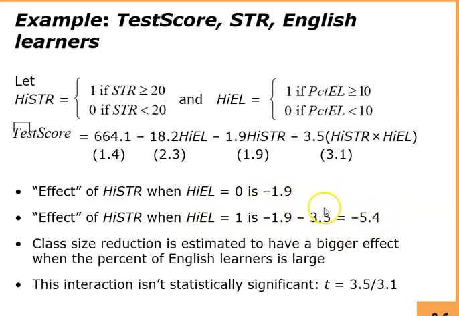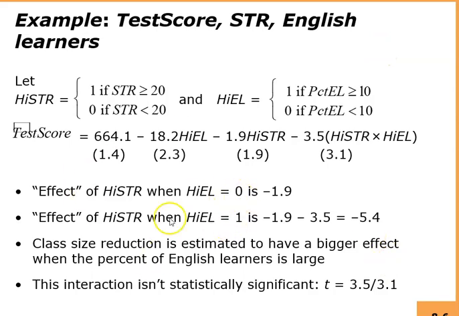The effect is larger when there is a higher percentage of English learners: it's minus 5.4 compared to minus 1.9 when there is a lower percentage. So it simply means that the class size reduction is estimated to have a bigger effect when the percentage of English learners in the classroom is large.